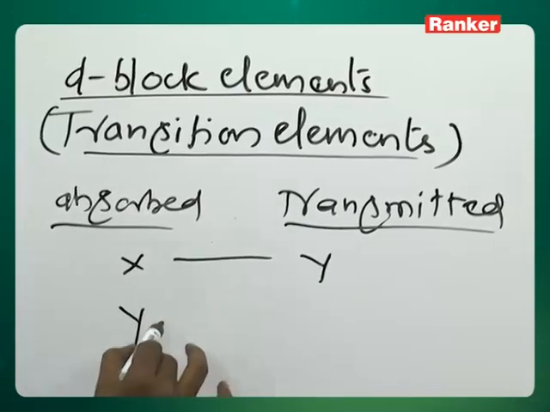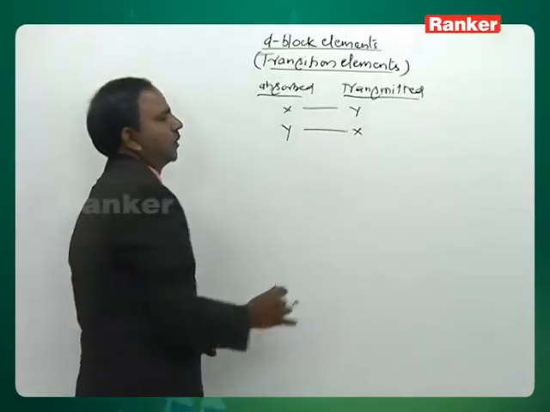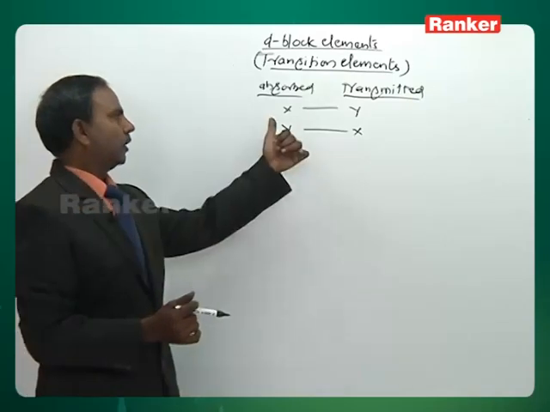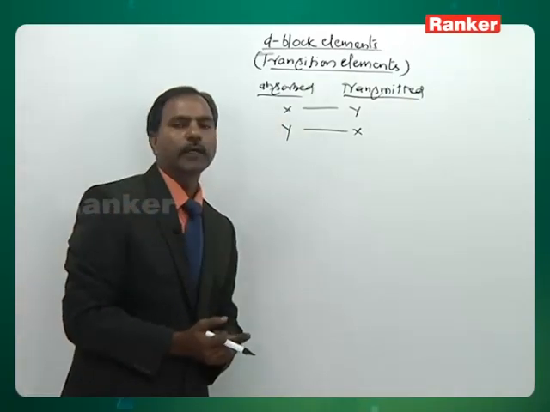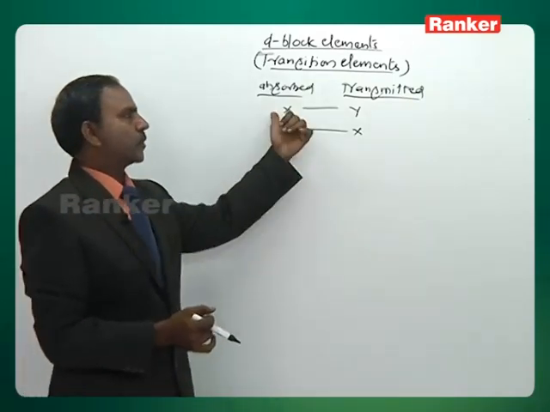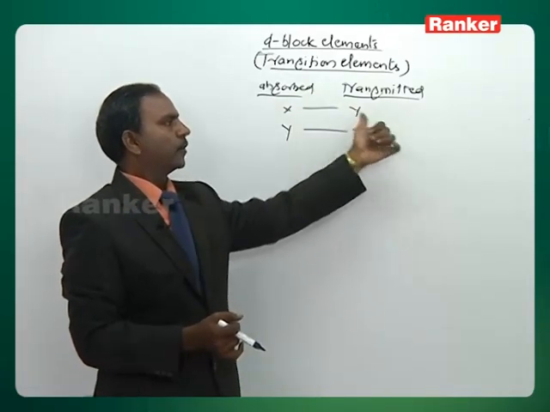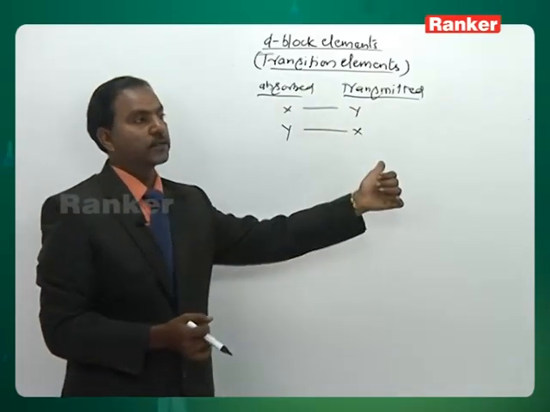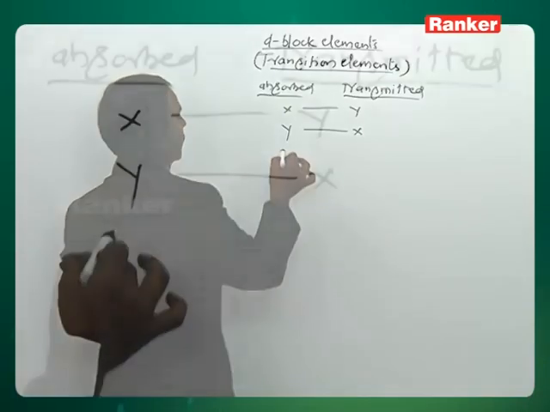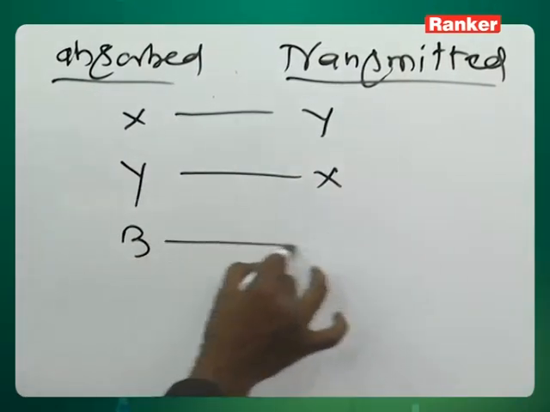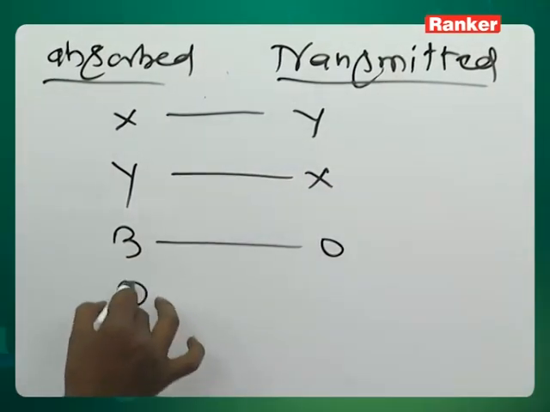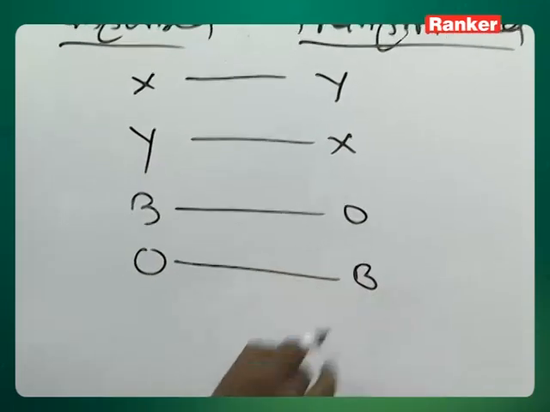Once Y color is absorbed, it is definitely transmitting X color only. X is absorbed, Y is transmitted. Once Y is absorbed, X is transmitted. Suppose blue color is absorbed, only orange is transmitted. If orange is absorbed, you can easily say blue is transmitted.